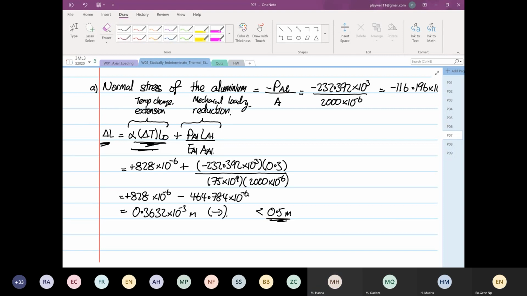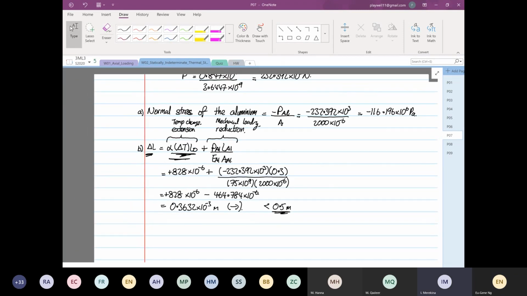I have a question. When we calculated the actual deflection, which is 0.847, remember we calculated the actual deflection that induced the thermal stress?